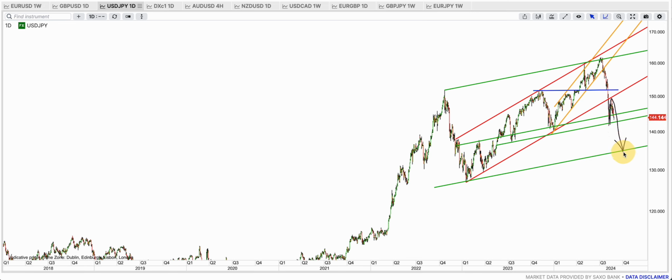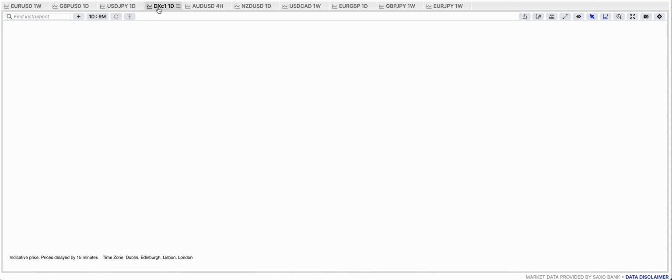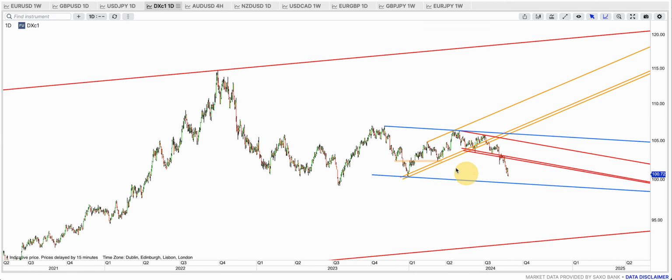Now it is targeting this green bottom band. So this red channel that has formed from the lows of beginning of 23 is broken, and it's targeting ultimately this green bottom band.